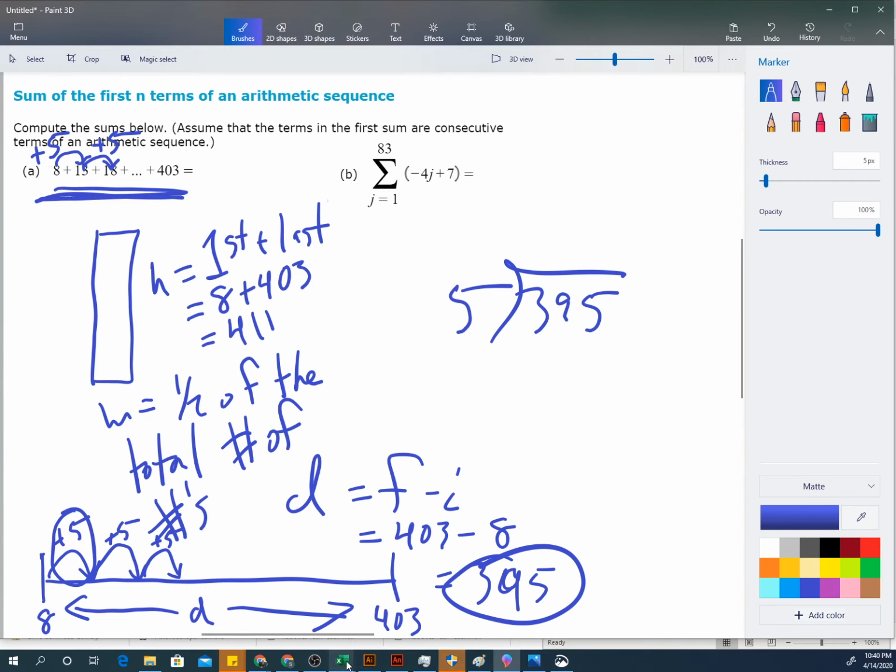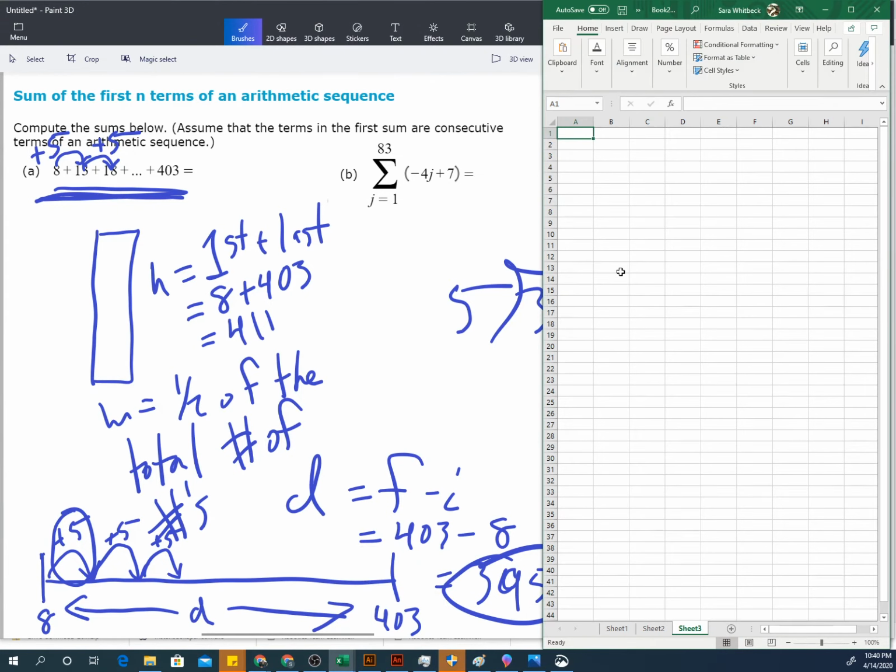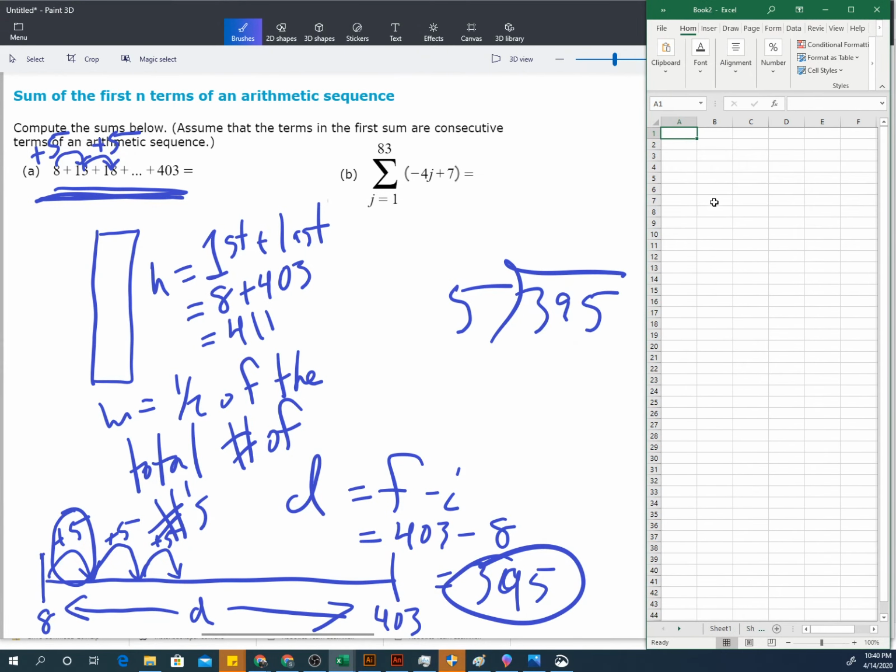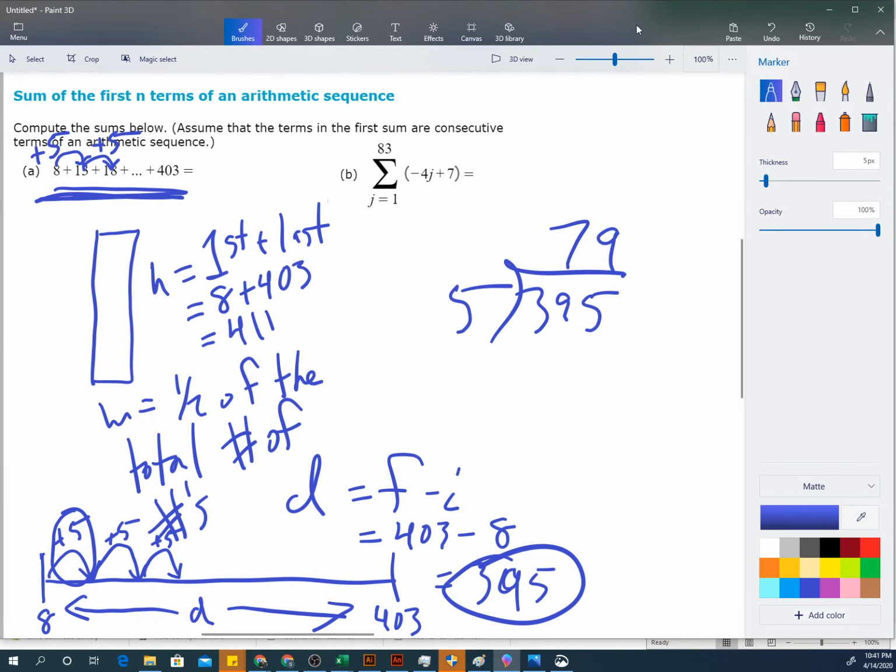And I'm going to cheat and use Excel to do my calculations again. Not really cheating, because you know how often I let you use calculators. All right, so I'm going to take 395 and divide it by 5, and I get 79. And remember, that's how many changes we went through.